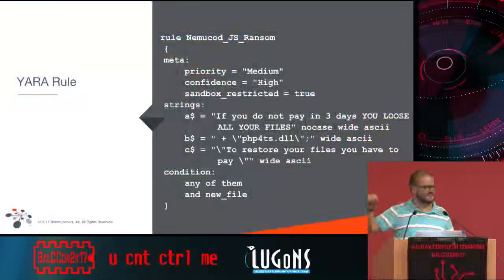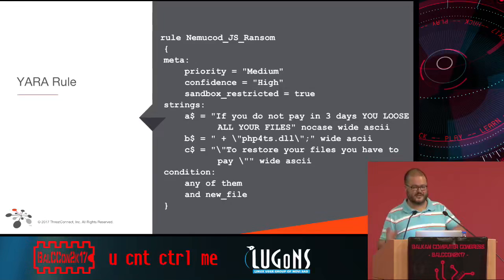And then down here, there's also this sandbox restricted flag. Certain files, if you find them on your network, are not necessarily files that you want to waste cycles sending automatically to the sandbox. You could be looking for things that won't actually run in your sandbox, but it's still important to catch them in your collections.